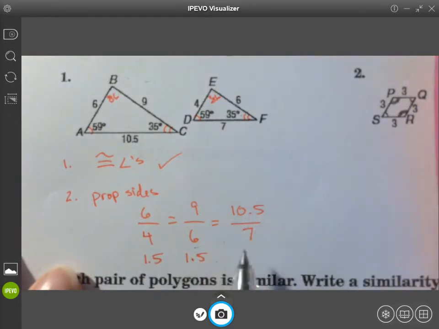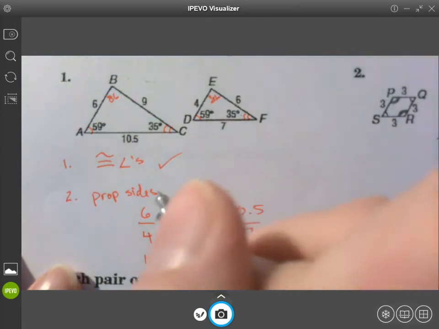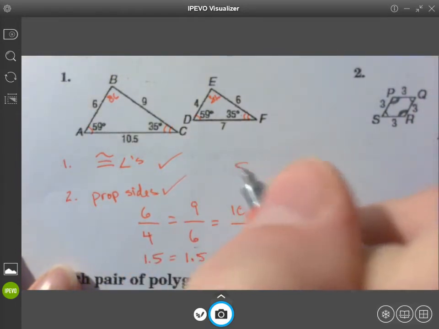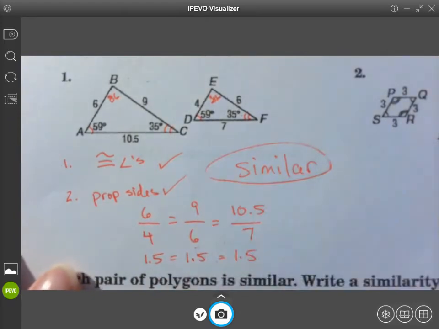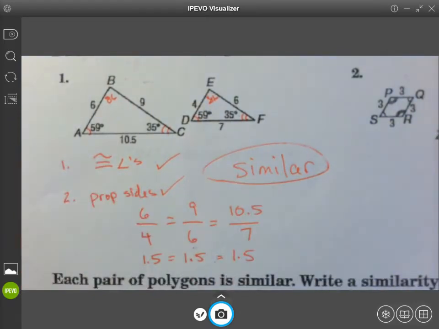If we double it, we get 21 over 14. So let's take our 21 and divide it by 14, and we also get 1.5. So all of my ratios are equal, so my sides are proportional. So these are similar, and we have justified our answer by checking our angles and by checking our proportionate sides.